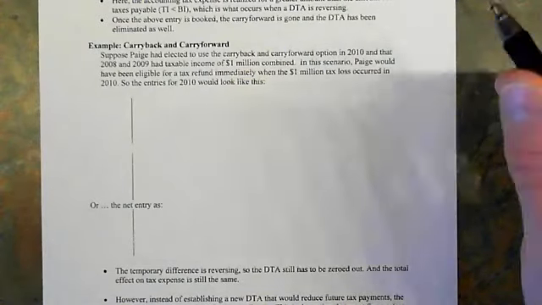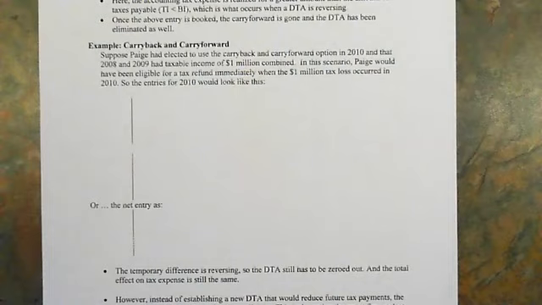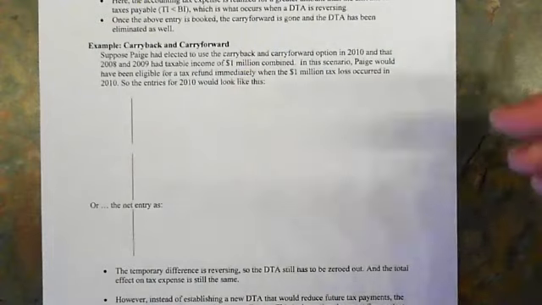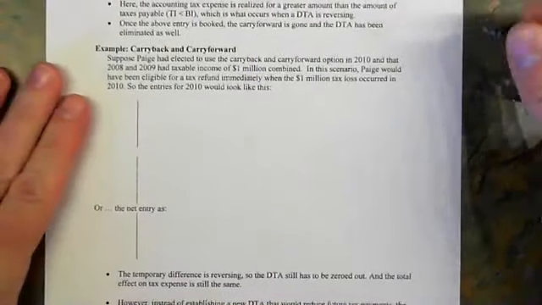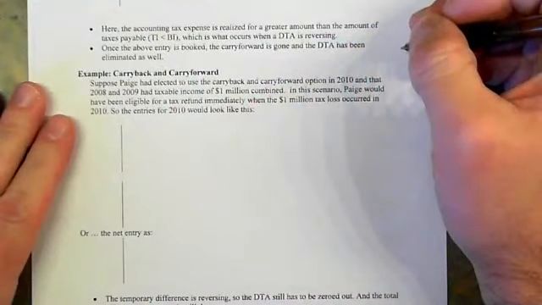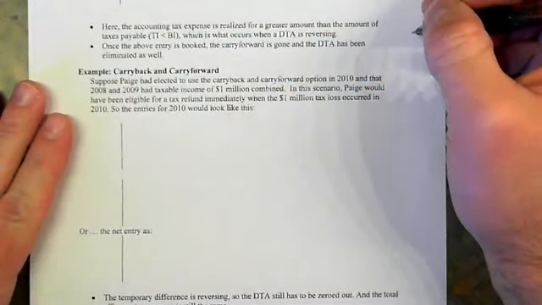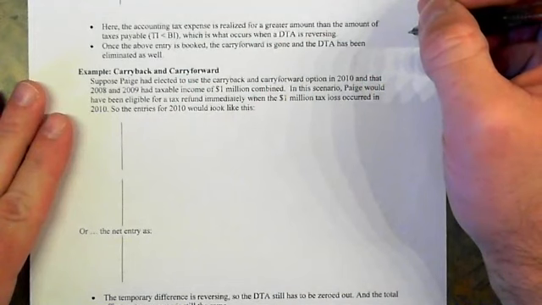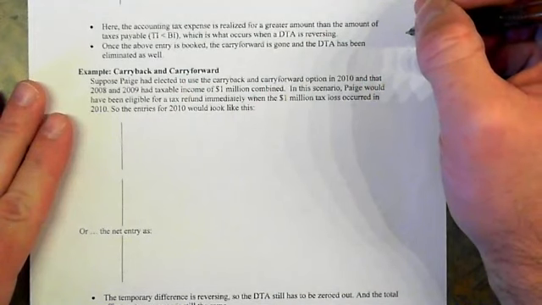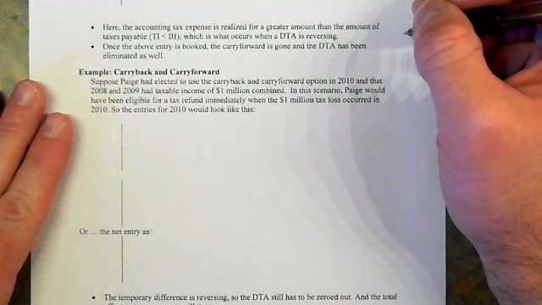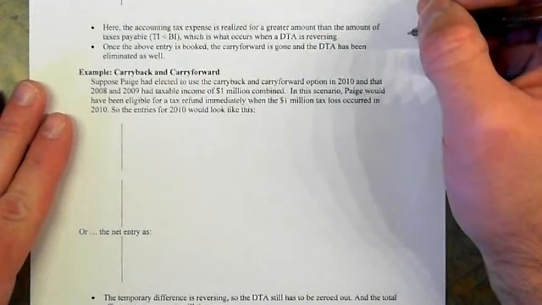So in that case, we would have had two entries, essentially. The first one would have set up the DTA, and then the next one would have cashed it in and used it up.